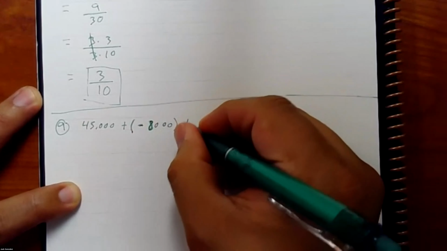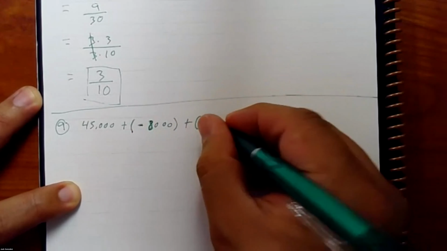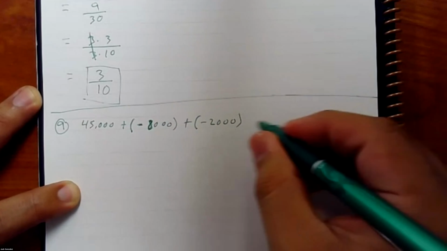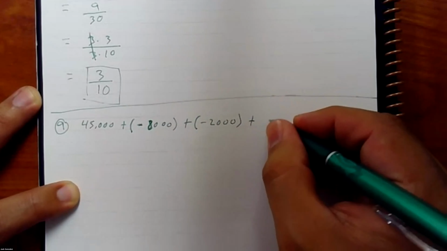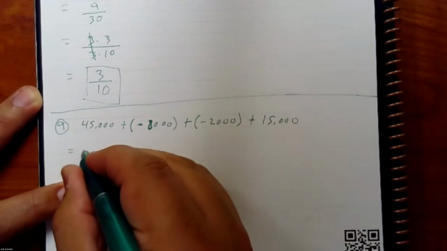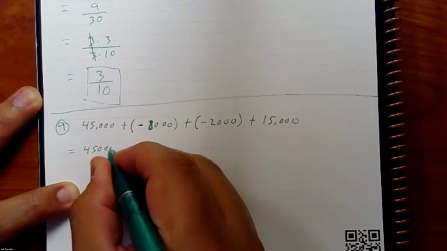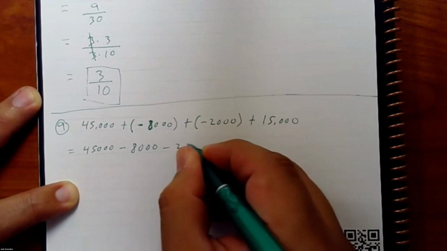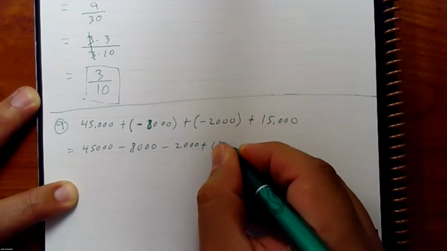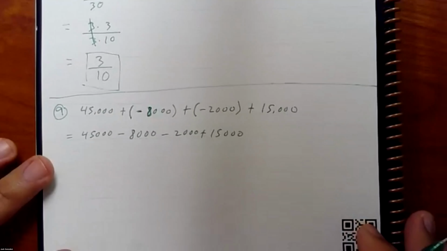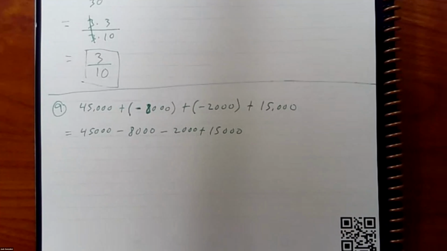And then plus another negative. And then they added more profit. Okay. So that's the same as saying this, if you prefer. That is all the same. Right? You can deal with either one now.